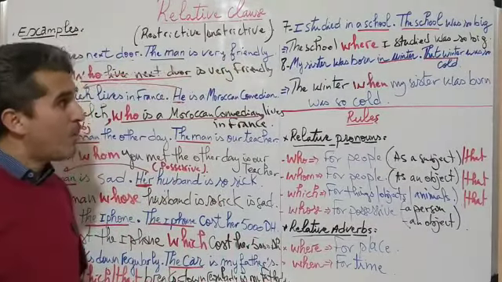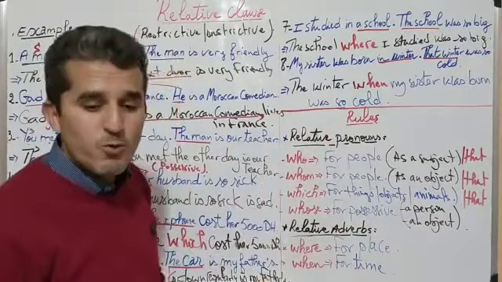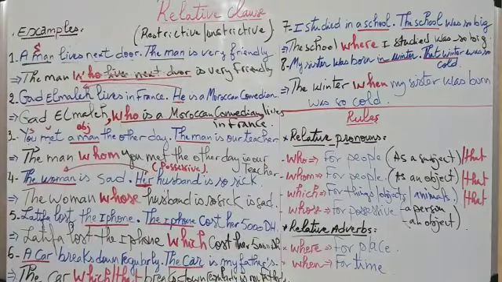Now I'm going to give you some exercises for practice. So this is the practice that you are going to work on. I hope that it's clear for you, but I will read.